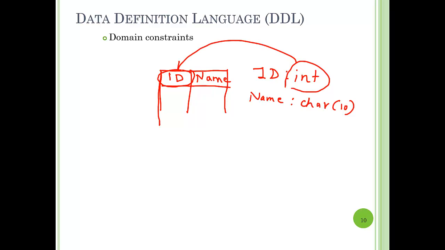So the domain of this whole column is integer, and it will accept only integer values and not any other value. For name, its domain is character, as we have defined in the schema, so it will accept only characters and not any other value. This is called the domain constraint. Through this we are defining the constraints in the data definition language.